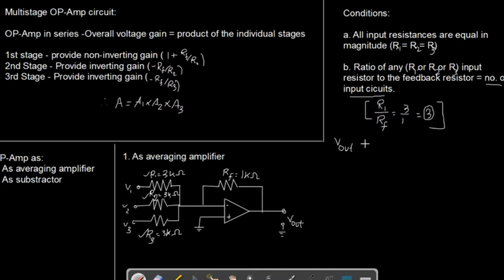If we want to calculate V out, all of them are connected to the inverting terminal, and if you remember, for an inverting terminal it is minus of Rf divided by the resistance.